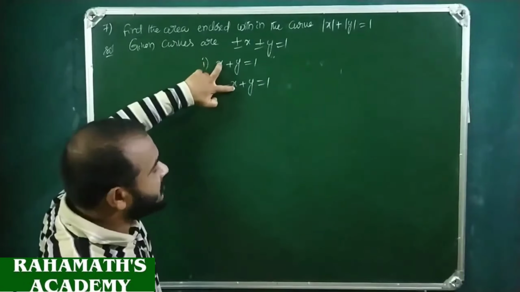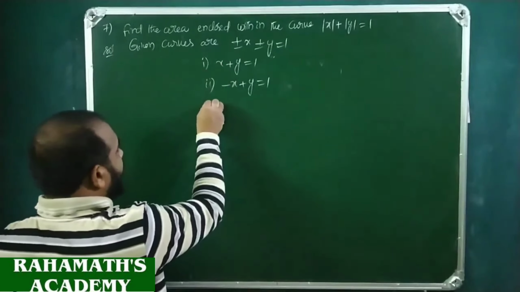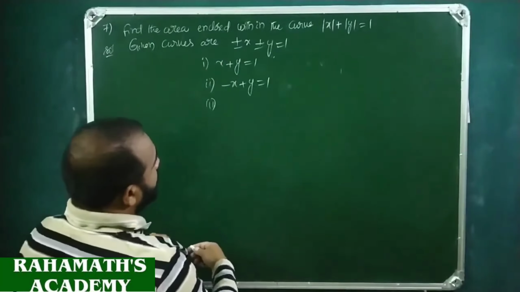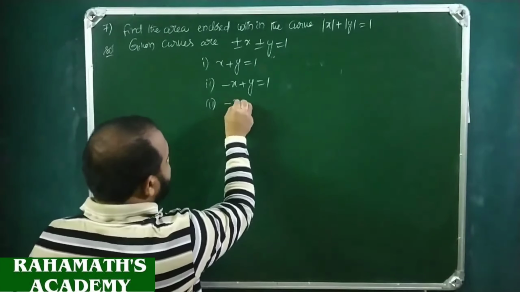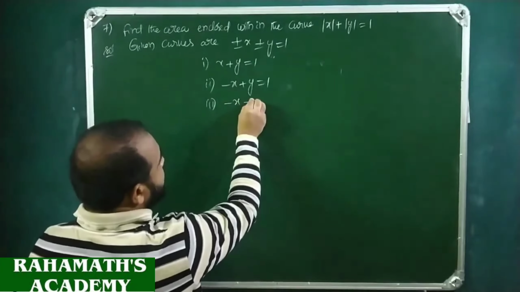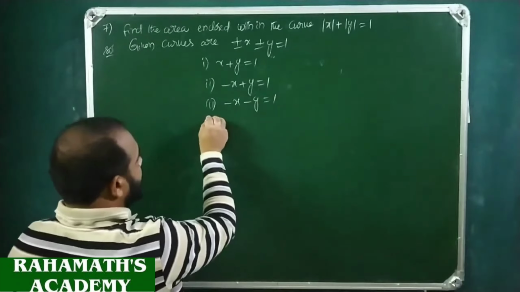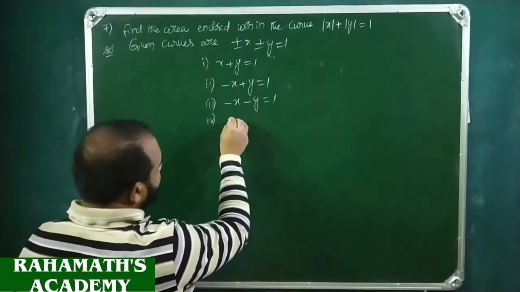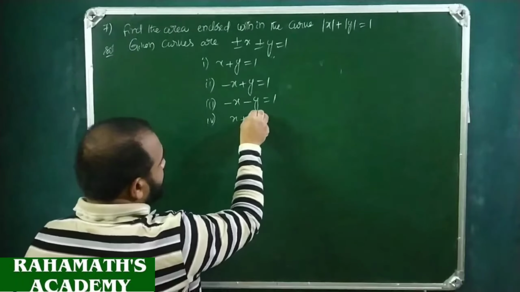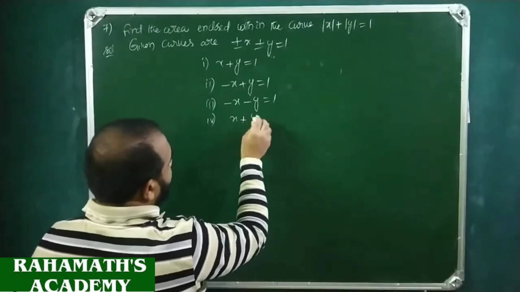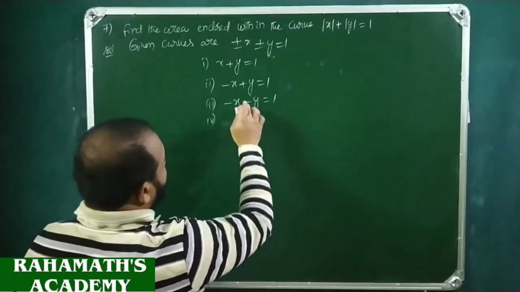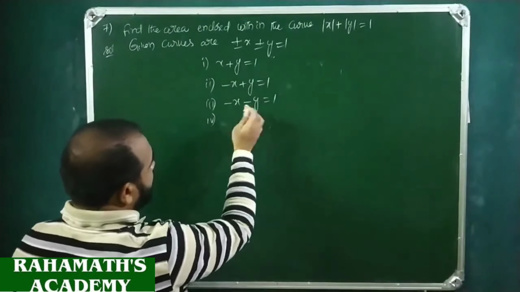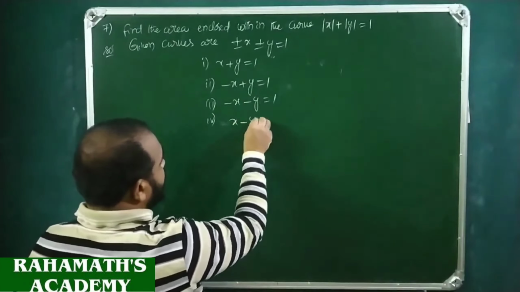Two combinations I have taken. Third, minus minus, so this is minus x minus y equals 1. Fourth one, plus minus, so x minus y equals 1.